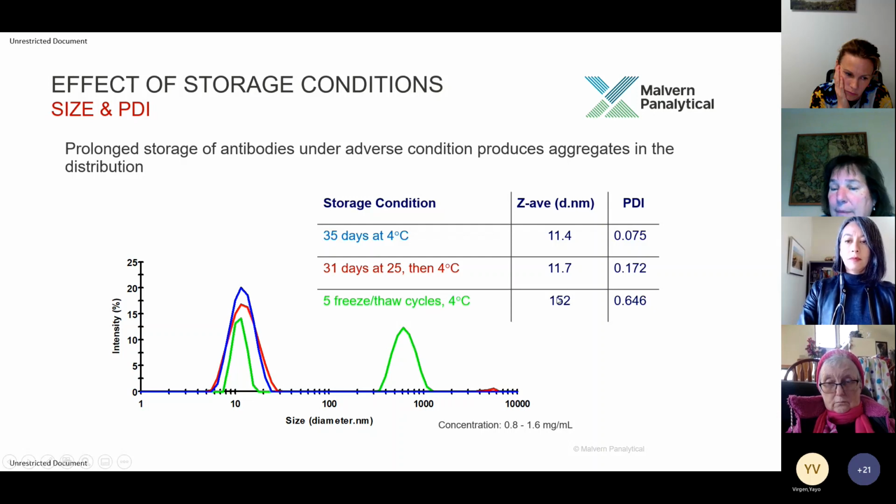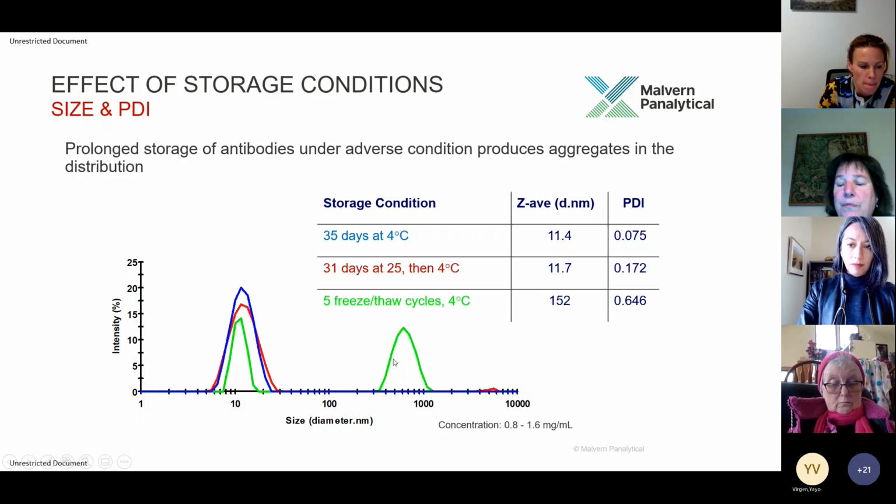This is still good data, by the way. You can see that the 152 Z average will be right here, in between the 2 peaks. So this data is good and very usable.